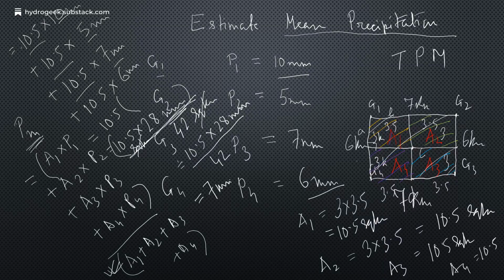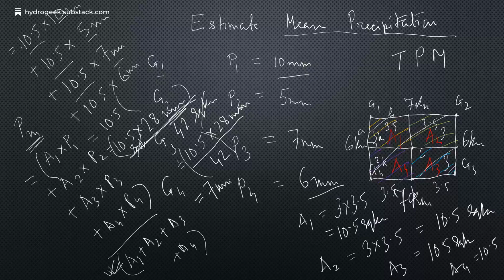I hope you have understood. 10.5 divided by 42, as both are of the same unit and we have deducted out the units, so these two are divided first. 10.5 divided by 42 will be 0.25 because, as you know, each of these areas is 1/4 of the total area of this rectangular watershed.